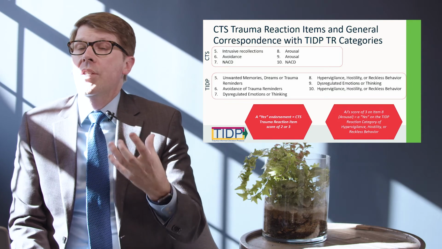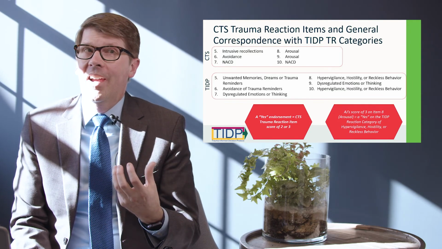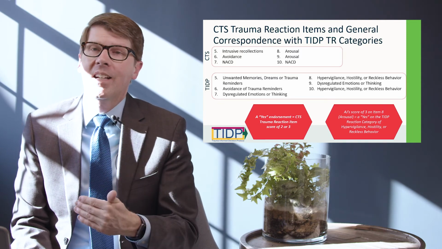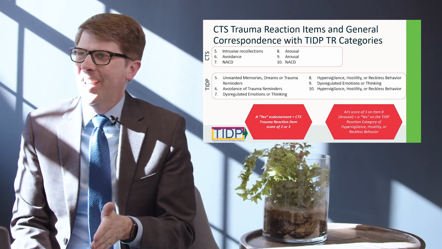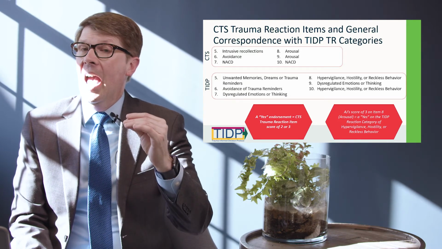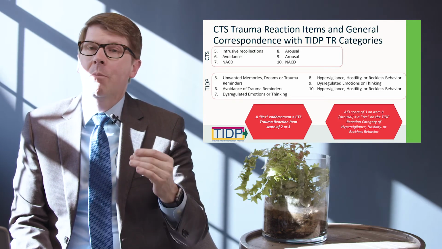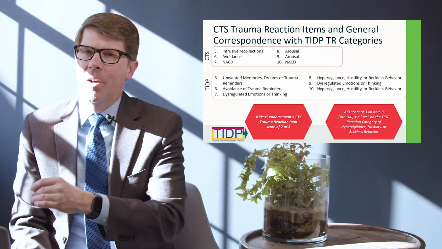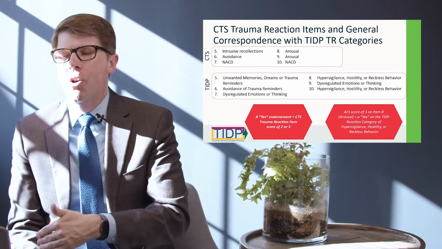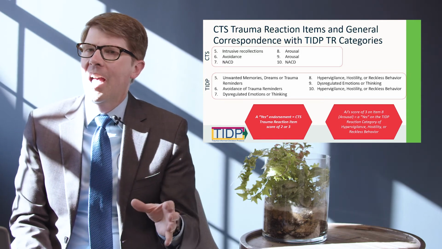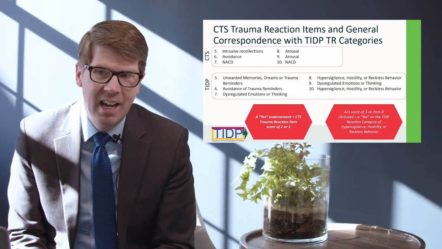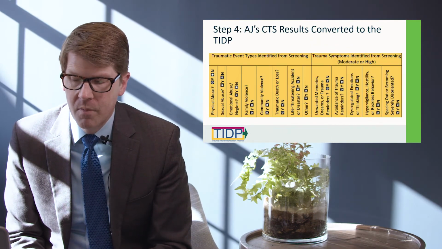And until you as an individual rater get used to these different terms, we are going to provide you a nice cheat sheet that will help to remind you what each type of a traumatic event item corresponds to on the TIDP, on the traumatic event section, and also how to correspond and line up the CTS trauma reaction items onto the TIDP as well.